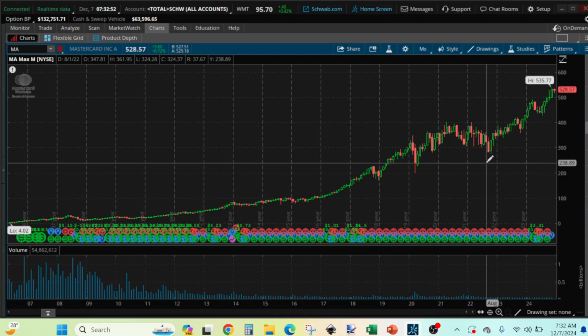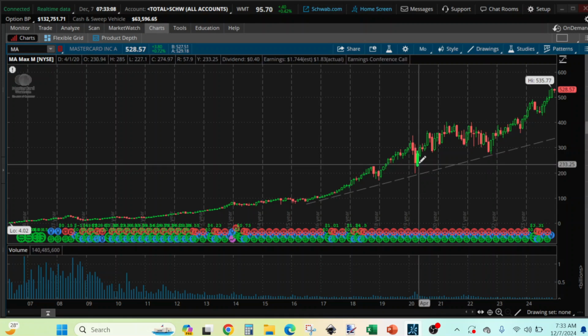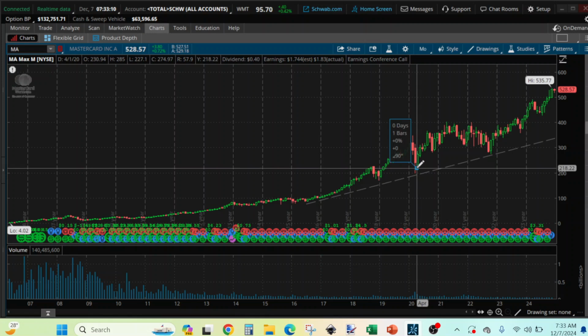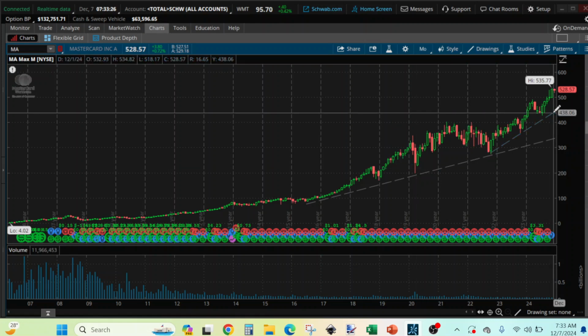And we are going to, let's start from this area. Okay, I will say it's just going to blend into this one, so we are not going to do that one, but we can start from here. It's pretty much the major lows that we can see on the maximum monthly chart.